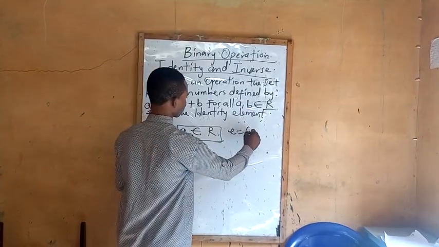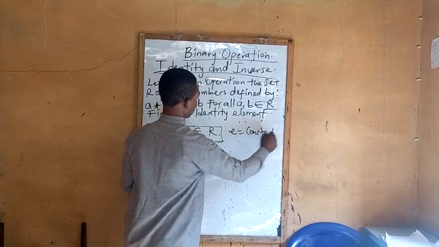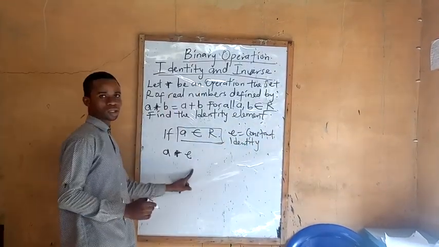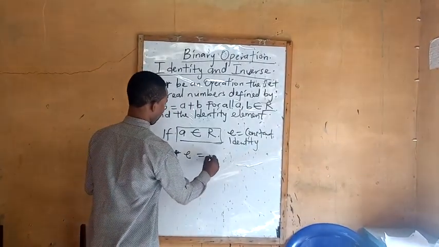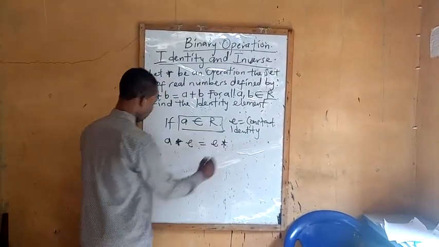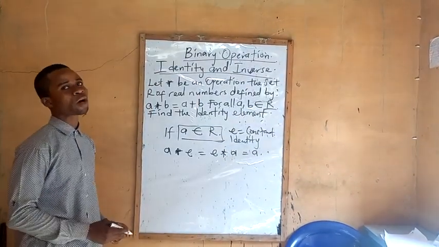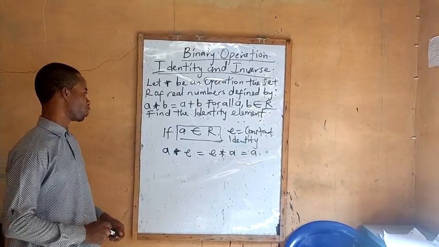It's our identity. A asterisk E equals E asterisk A equals A. That's the formula for identity in binary operations.